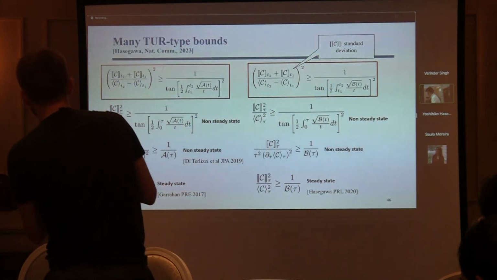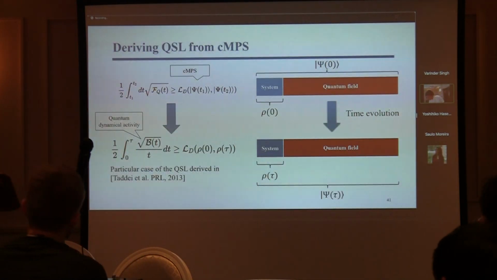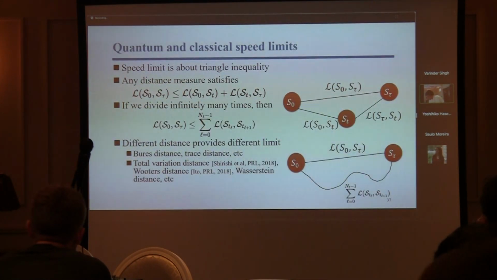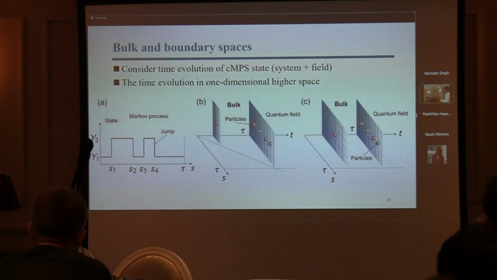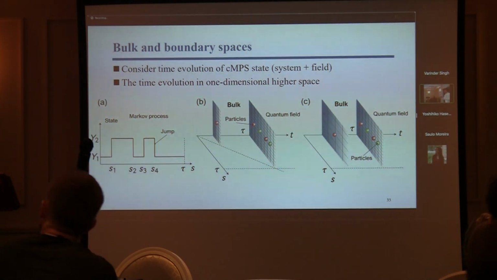So basically, as you mentioned, this jump information is recorded in the quantum field. But if we only focus on the main system or the quantum field, the dynamics is described not by a unitary operation.